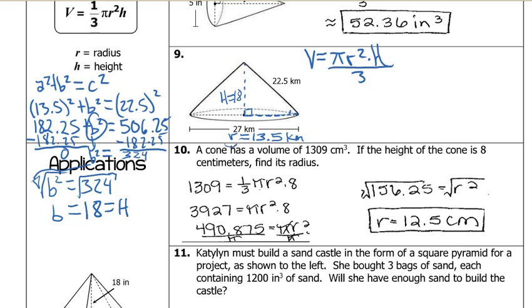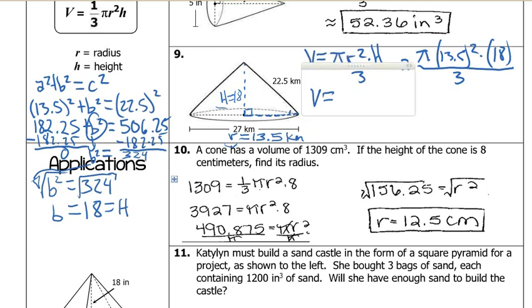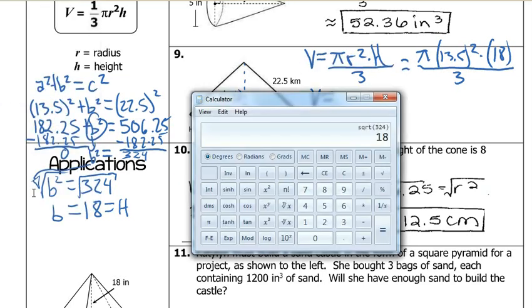So now I have everything. I have my r and I have my height, and I just plug it in to get my answer. So now pi r is 13.5 squared times my height, which is 18, all over 3. Again, volume equals 13.5 squared, and I just did it, 13.5 times 13.5 equals 182, right?